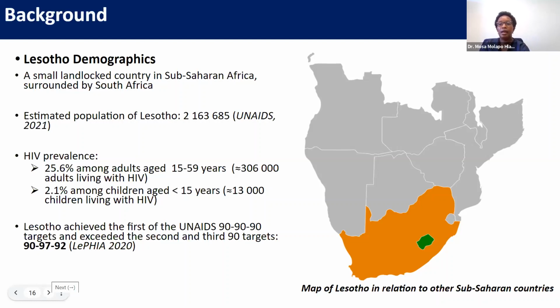So that's roughly over 300,000 adults estimated to be living with HIV. And in terms of our pediatric population, the prevalence is around 2% among children less than 15 years of age. The prevalence, especially for children, has changed over the years, with estimates being lower than in previous years, where it was estimated that previously around 20,000 children were living with HIV.